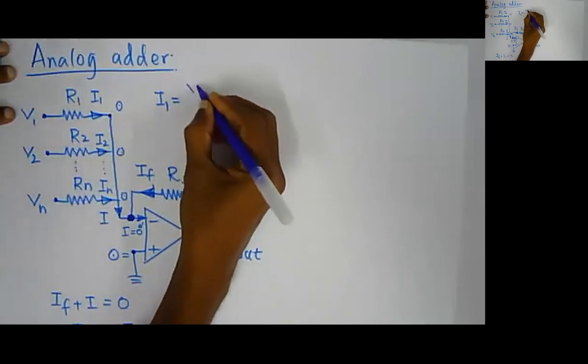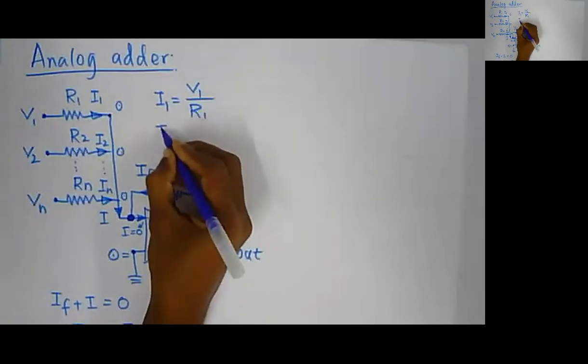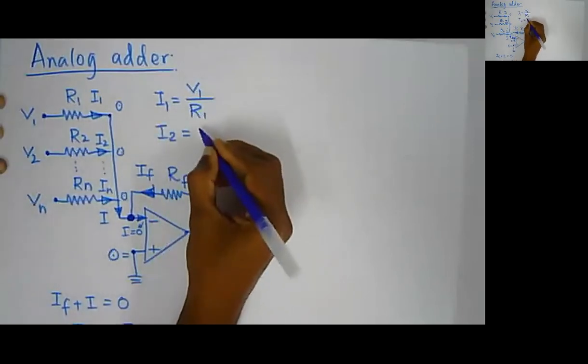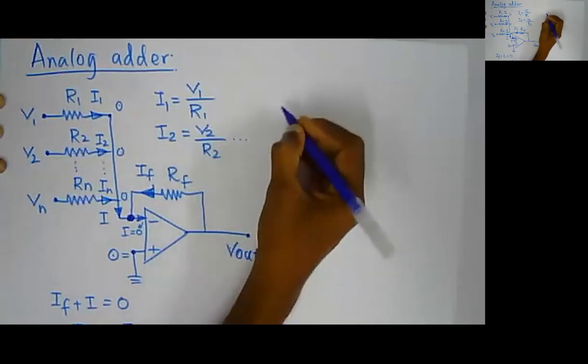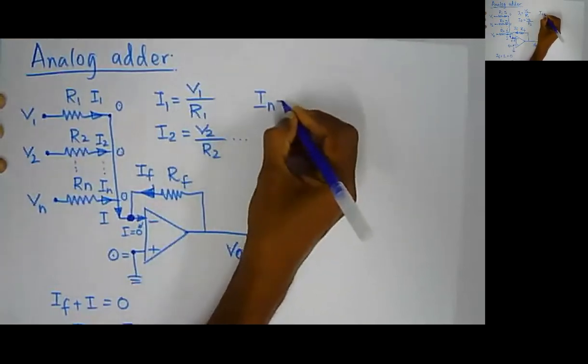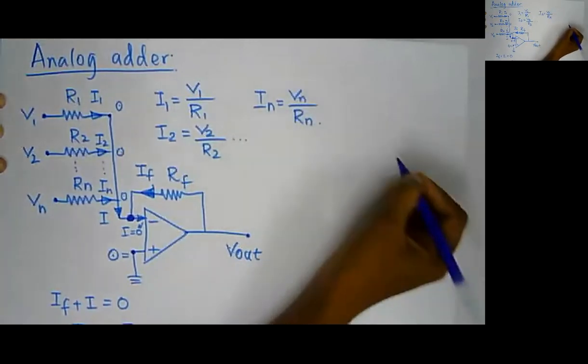So I can write it as V1 by R1. Similarly, my I2 will be V2 by R2, and up to my IN will be Vn by Rn.